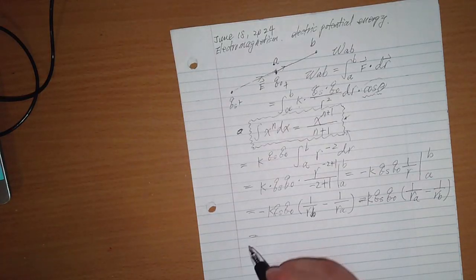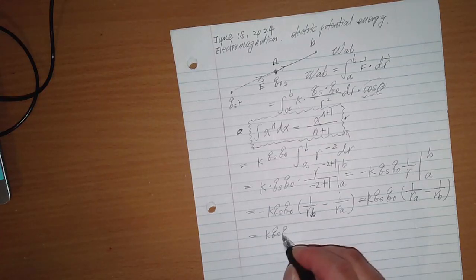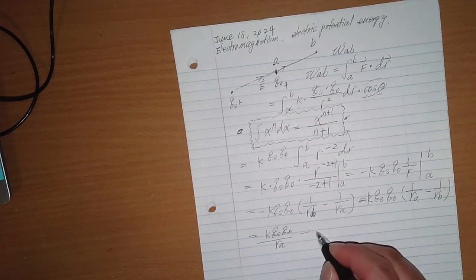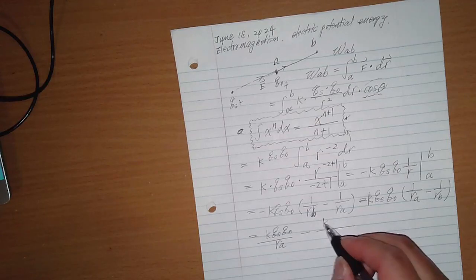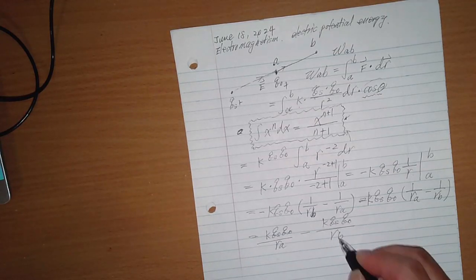And then we can further use the distributive law one more time. We will get K QS Q naught over RA subtract K QS Q naught over RB.